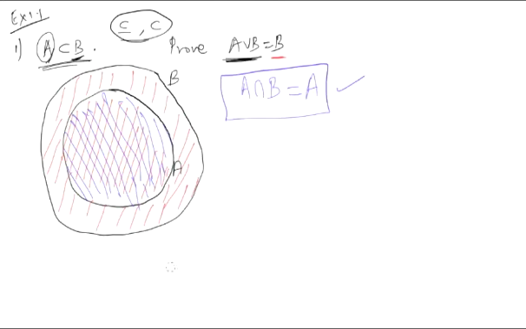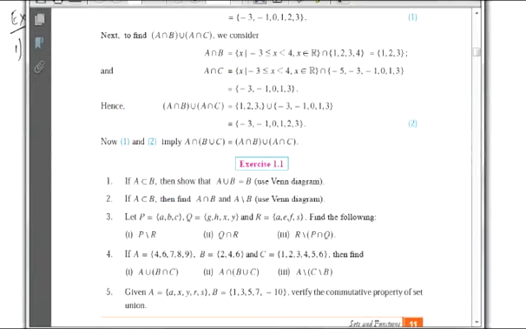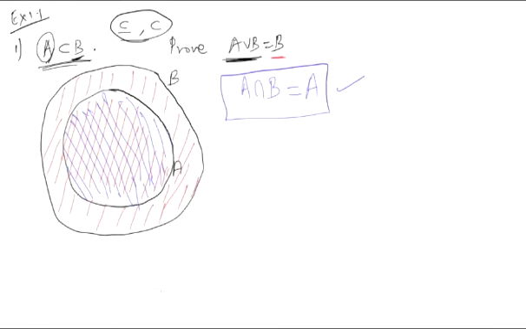Then what is A set difference B, is what they've asked. What is the definition for set difference? If it is A set difference B, you subtract the elements of B from set A, and whatever remains in set A will be the answer.